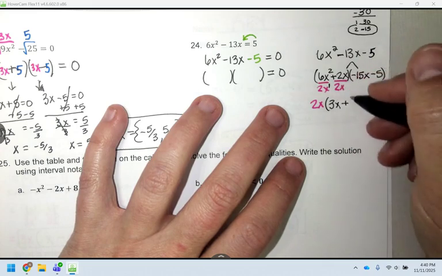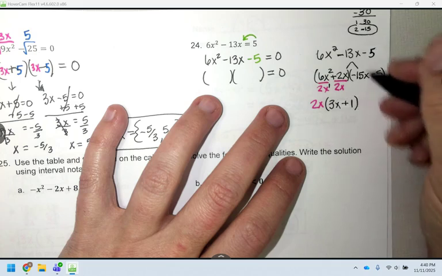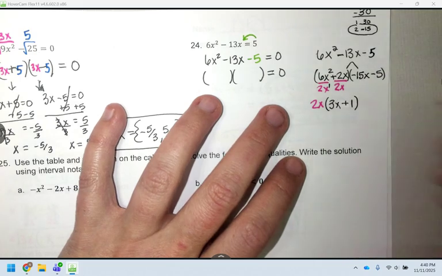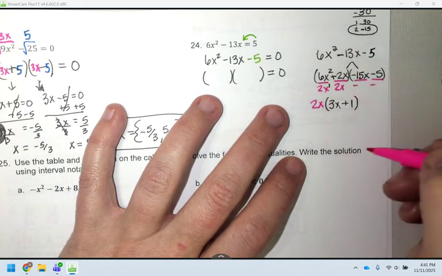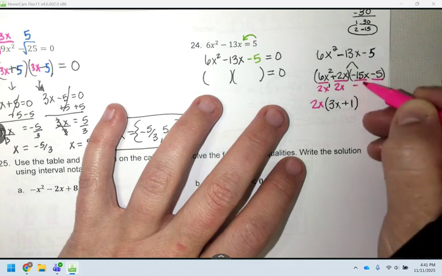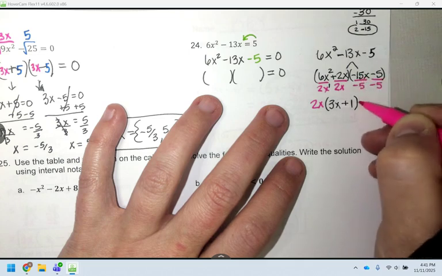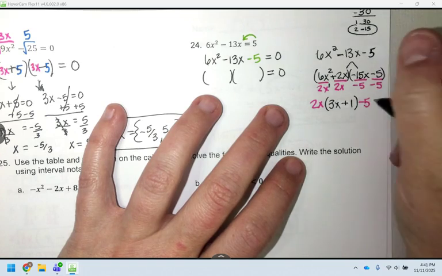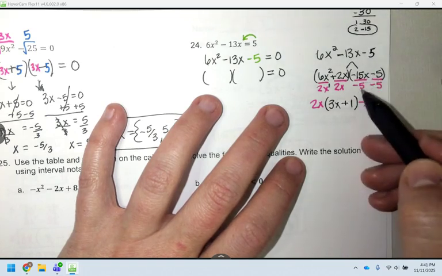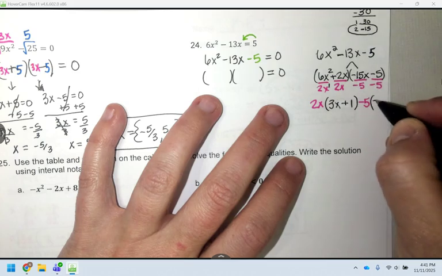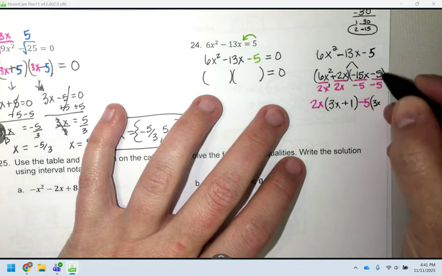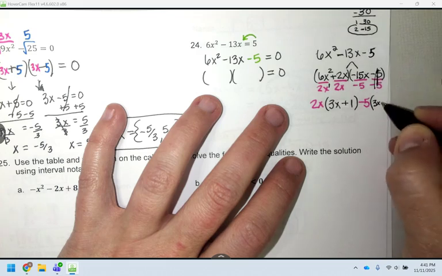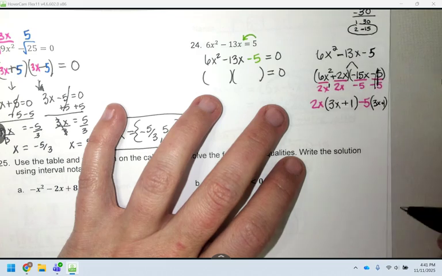Plus 2x divided by itself is going to be 1. If the first number is negative, your GCF is negative. You can divide both of these by 5. So if I was to pull out a negative 5, negative 15 divided by negative 5 is 3x, and negative 5 divided by negative 5, anything divided by itself is 1.